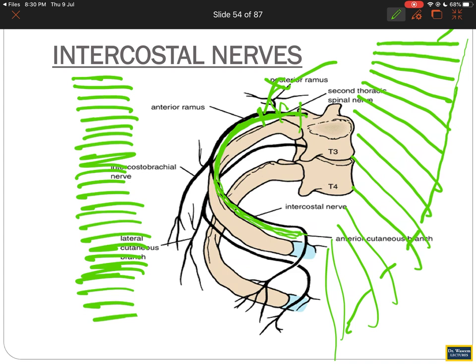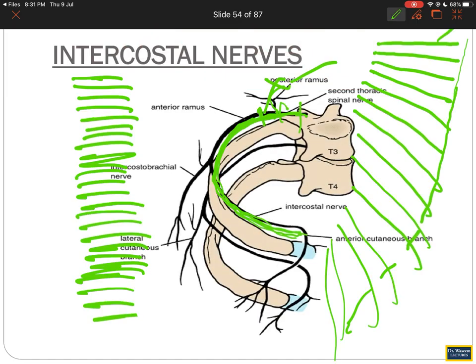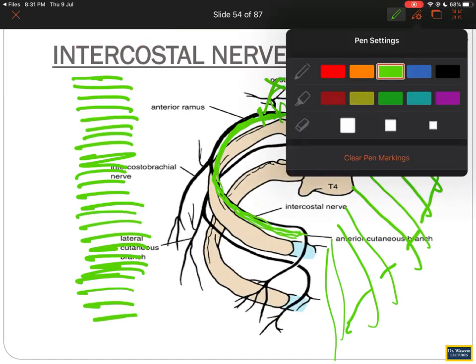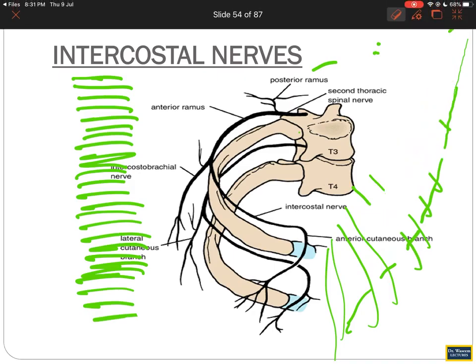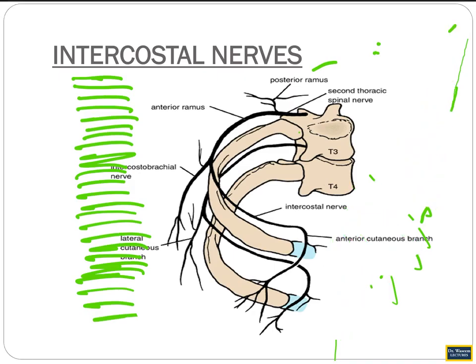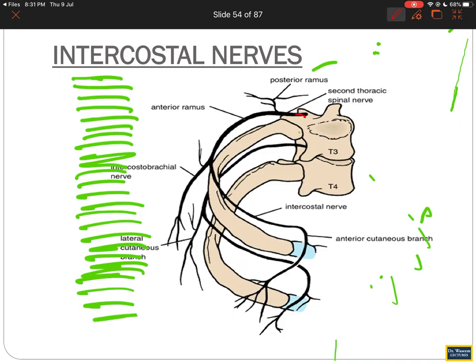and it has an important clinical implication. When these nerves are going like this, during their course, they reach laterally, between the ribs in the costal groove, a point that is called the mid-axillary point.